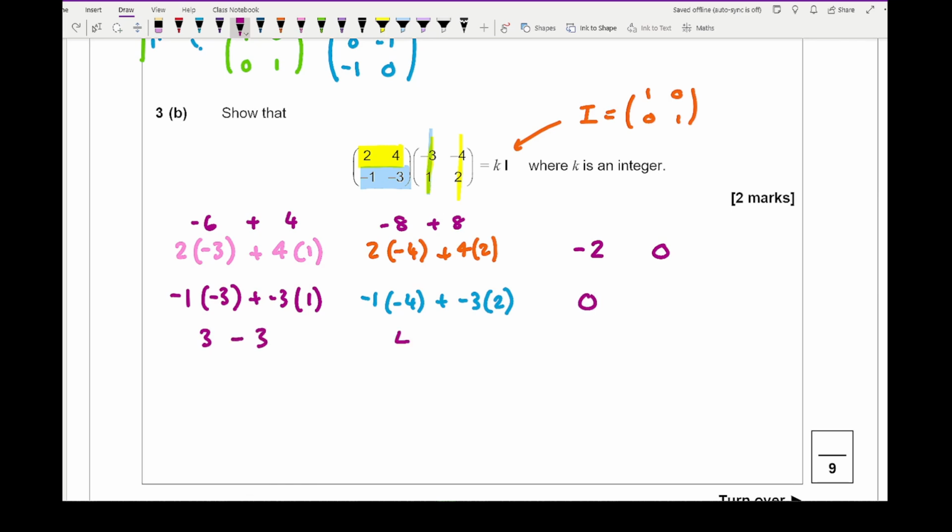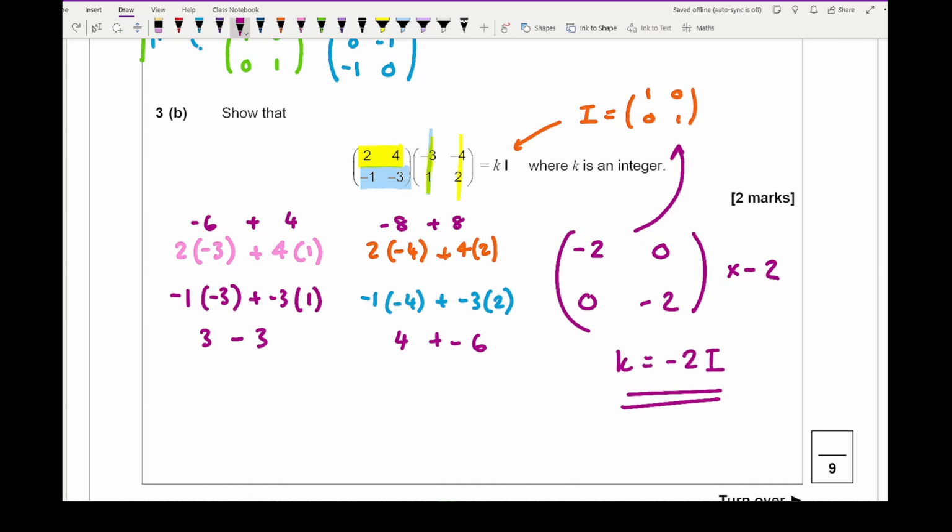And this becomes 4 plus -6, which is going to give me -2. So then what have I multiplied this by to get to this? Well, I've multiplied it by -2. So k equals -2, and that's going to be -2I. And there we go.